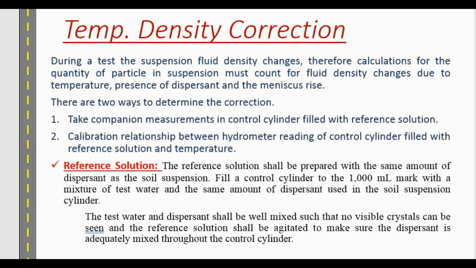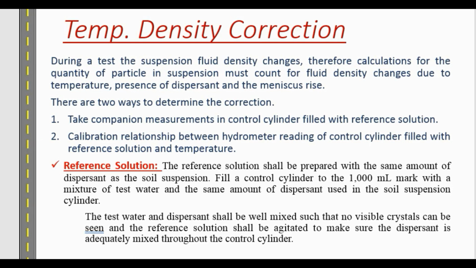There are two ways to determine this correction. First is to take a companion measurement in a control cylinder filled with the reference solution. Second is a calibration relationship of hydrometer readings of the control cylinder filled with the reference solution. What is the reference solution? Normally the reference solution should have the same amount of dispersant, 5 gram per liter, as used in the soil suspension.